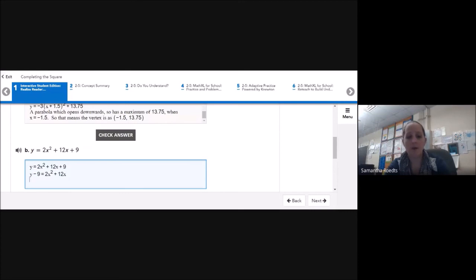I need to factor out a 2 from the right side, giving 2 times x squared plus 6x. Now I need to complete the square. So I have 6 divided by 2 squared equals 3 squared equals 9.